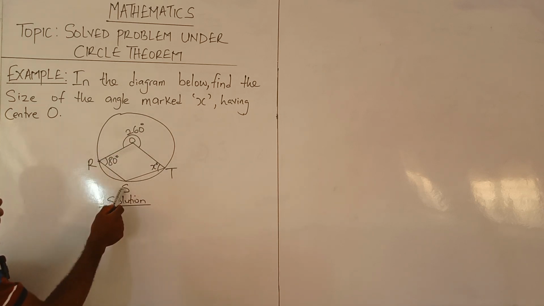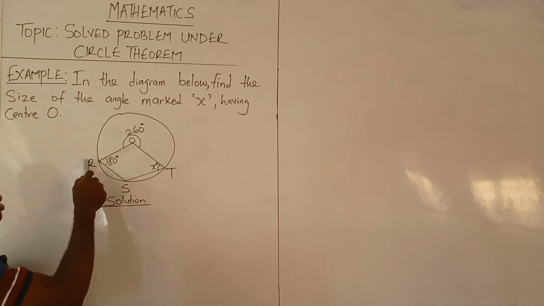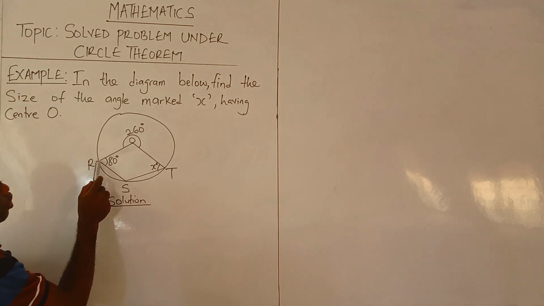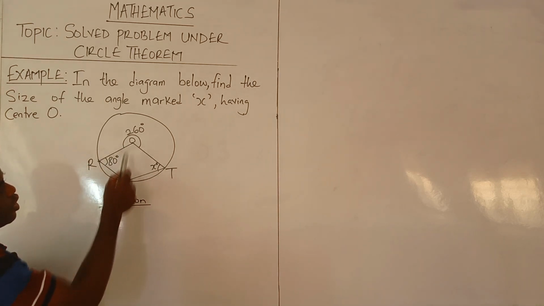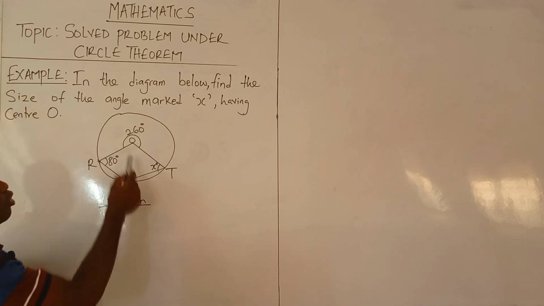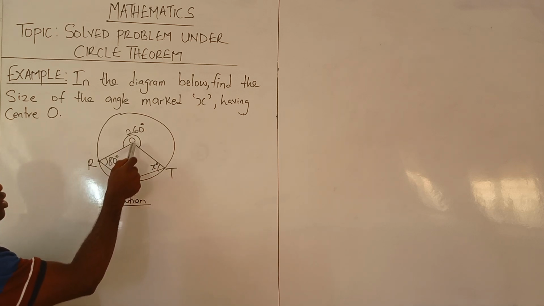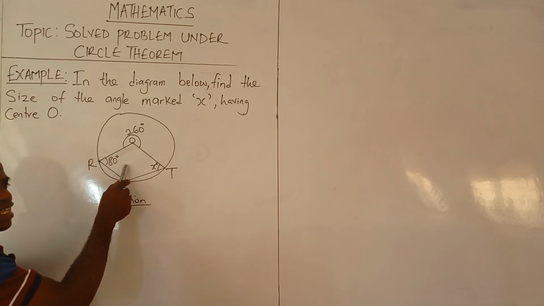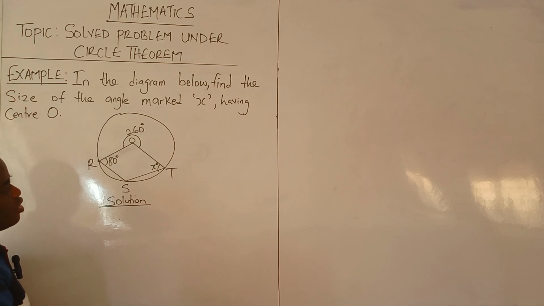You can see R, S, T is touching the circumference of the circle, but the fourth vertex, the fourth edge, you can see three of the four edges are touching the circumference of the circle, but the fourth edge is touching the center of the circle. This is not a cyclic quadrilateral. It's a quadrilateral but not a cyclic quadrilateral.